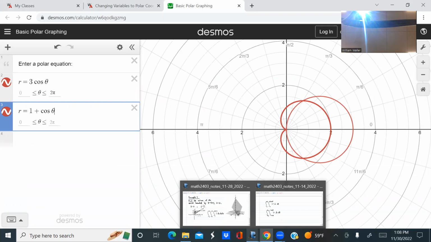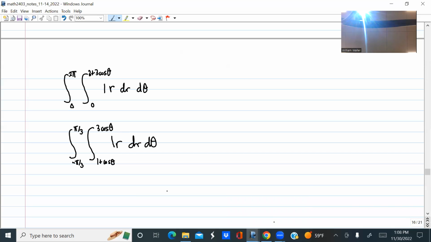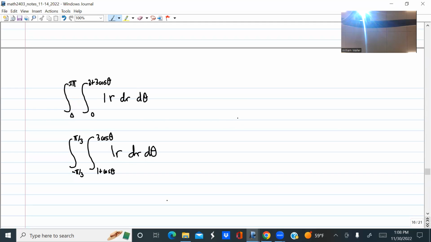So set the two curves equal to each other and see what we can figure out. So we have 1 plus cosine of theta equals 3 cosine of theta. See if we can solve that equation.